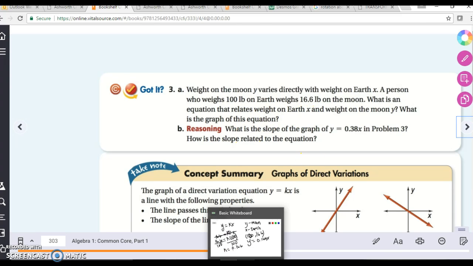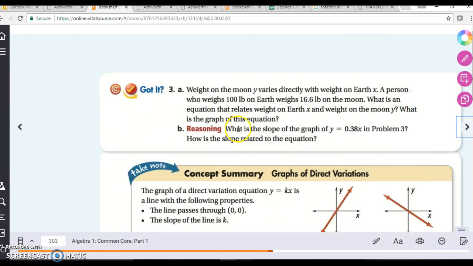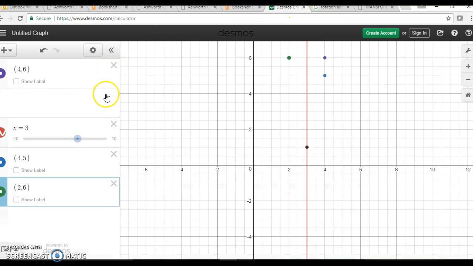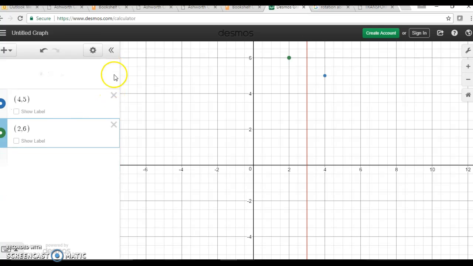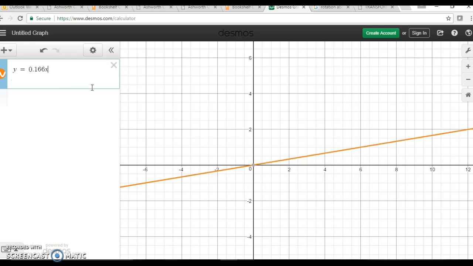Now I can go through and I can do everything that they did here. And I'm just using my free graphing calculator at www.desmos.com. So I have y equals 0.166x. And there's the equation.